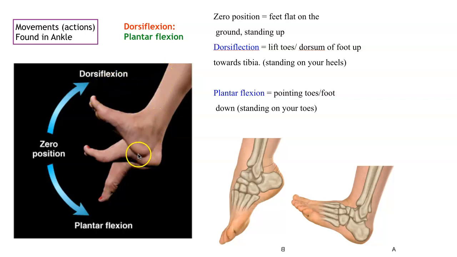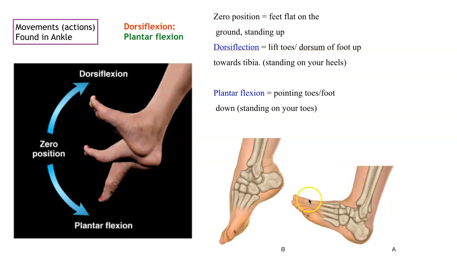That's like if you were standing on your heels, walking on your heels, that would be dorsiflexion. Now, plantar flexion, you are pointing your toes down, like you were walking on your toes, standing on your toes. So this is plantar flexion.